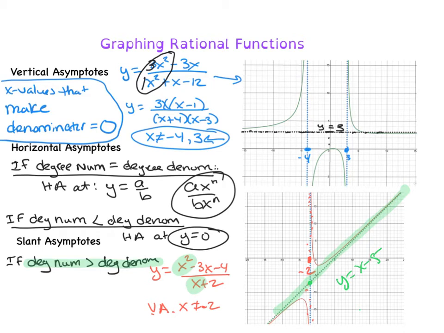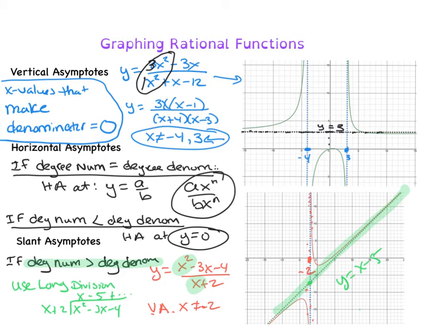And you get that result by doing long division. You would do x plus 2 divided into x squared minus 3x minus 4. I will do that example at the very end of the lesson, but I wanted to show you where they come from. The numerator has a larger degree than the denominator. And when you do that long division, you get x minus 5.